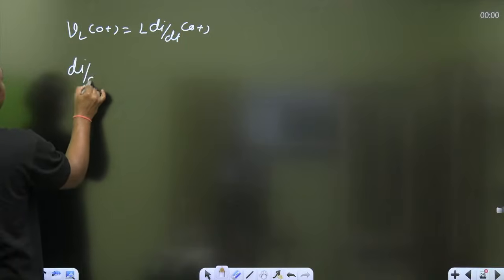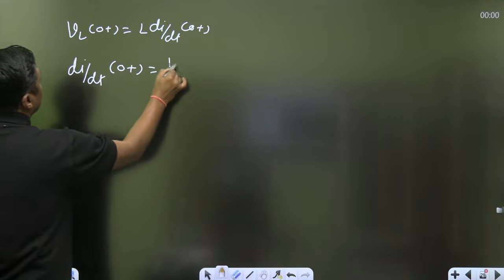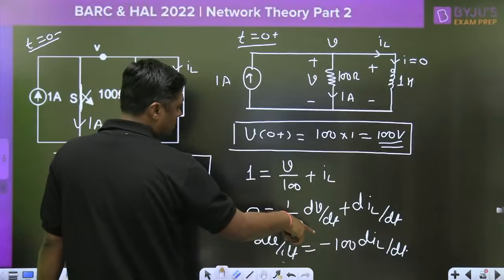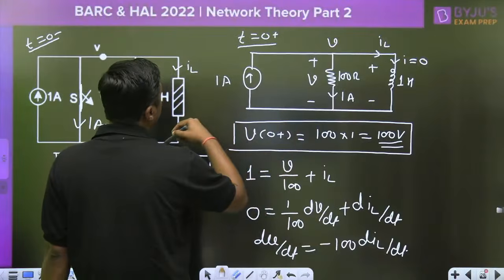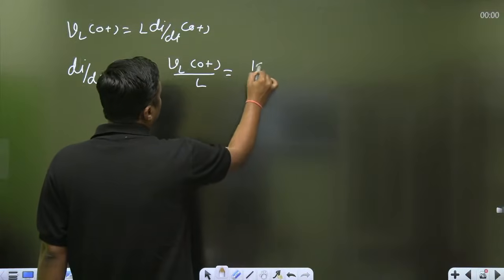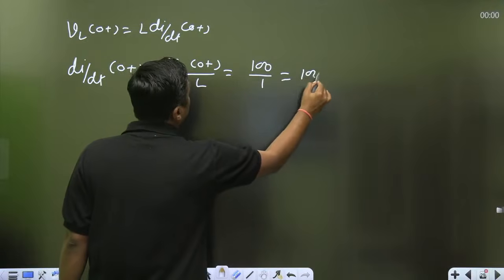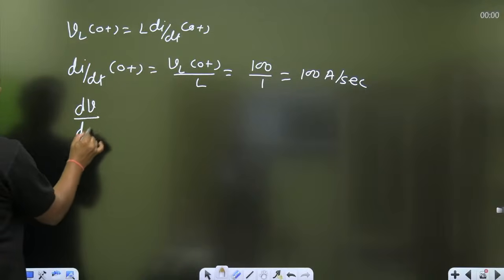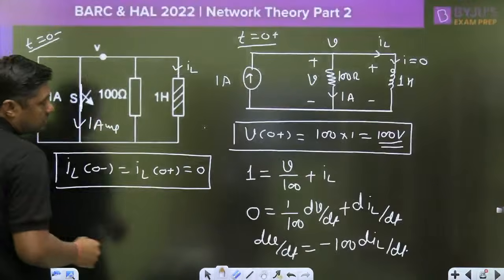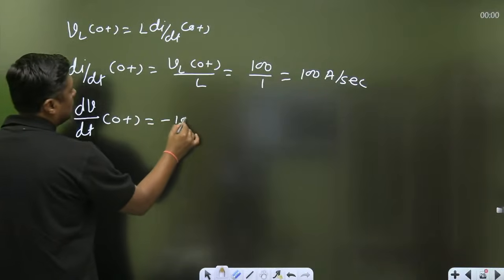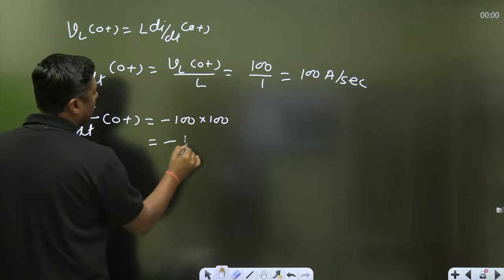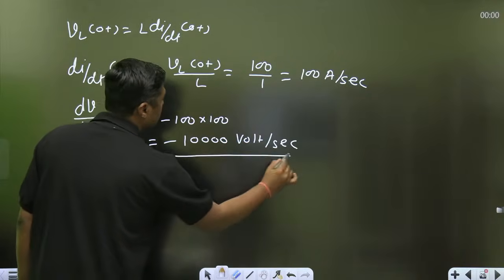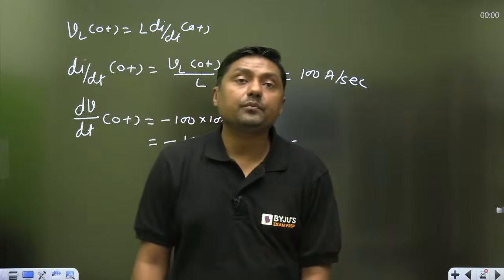So dIL/dt at 0 plus is VL at 0 plus divided by L, which is 100 divided by 1 Henry, that is 100 ampere per second. That is why dV/dt at 0 plus becomes minus 100 into 100, minus 10,000 volt per second.